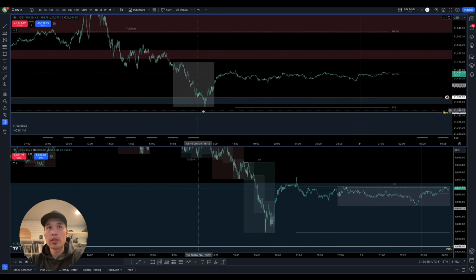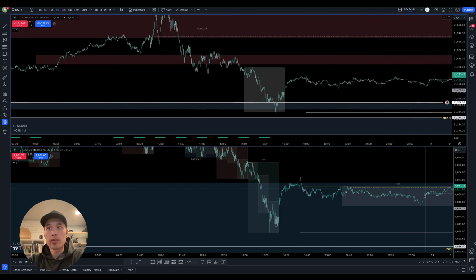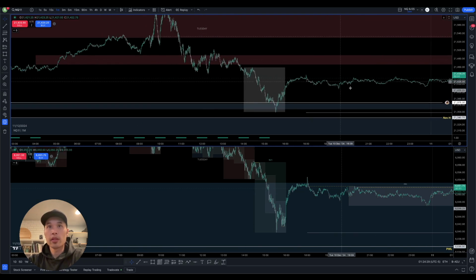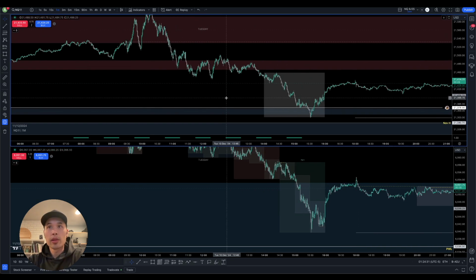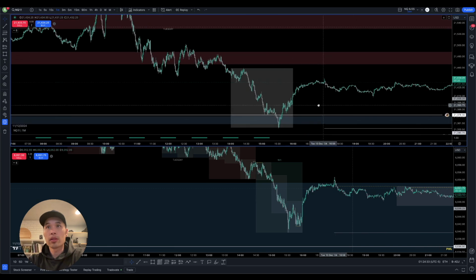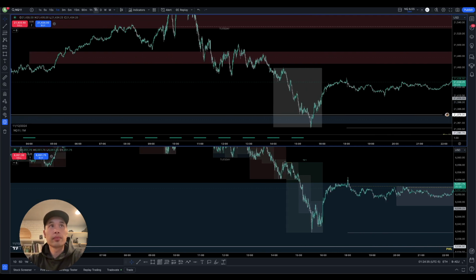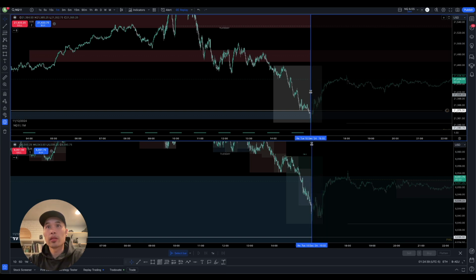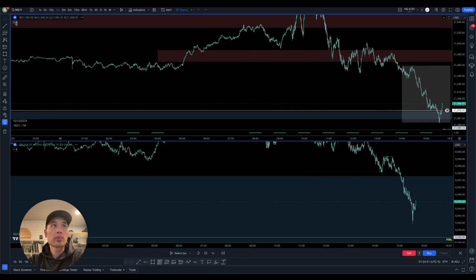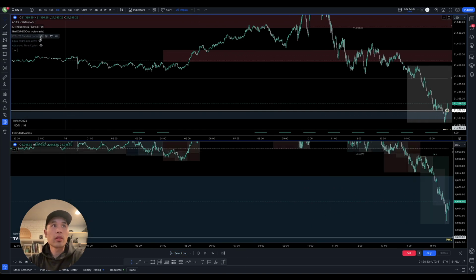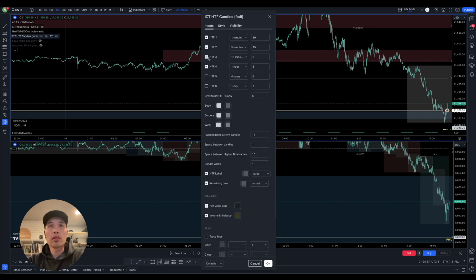Yeah, we finally hit previous day low on NQ, whereas ES took that earlier. And this market maker sell model, you could target, let's do replay, let's put the higher time frame candles on, and look at just the hourly.